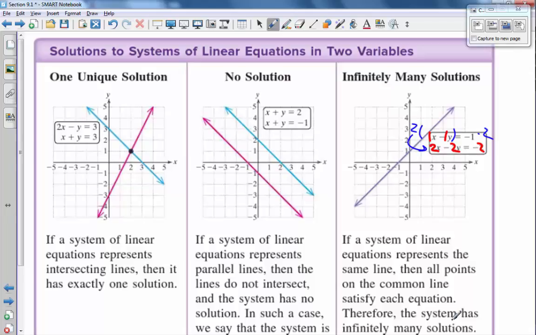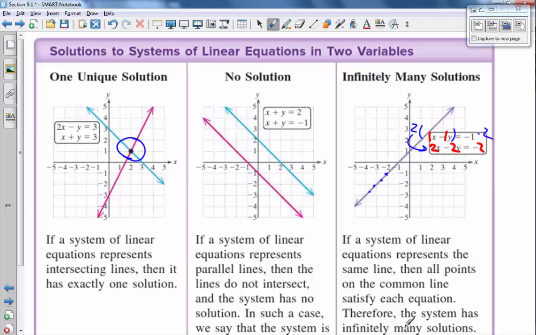You may say those two equations are different. You may get a sweet spot single solution like this one. But no, if the second equation was just a multiple of the first one, those two lines will coincide. These two lines are coinciding on top of each other. Every point on this line satisfies both equations because they are the same equations.